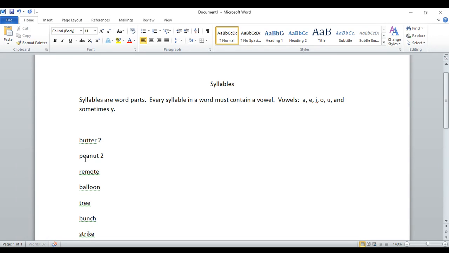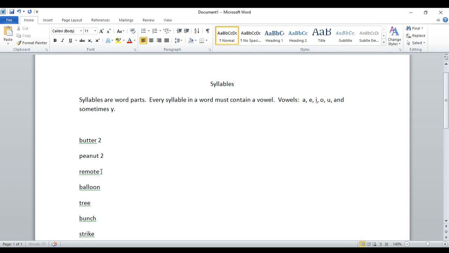In peanut, the E and the A work together to make the E a long sound. So just because it has three vowels in it does not necessarily mean it's going to have three syllables. So, use your common sense here. Don't let that rule override your common sense.